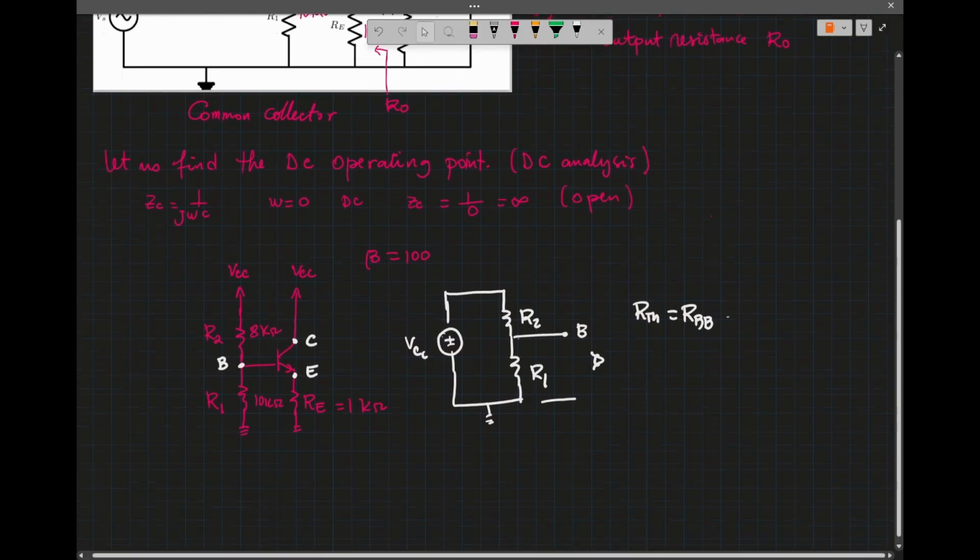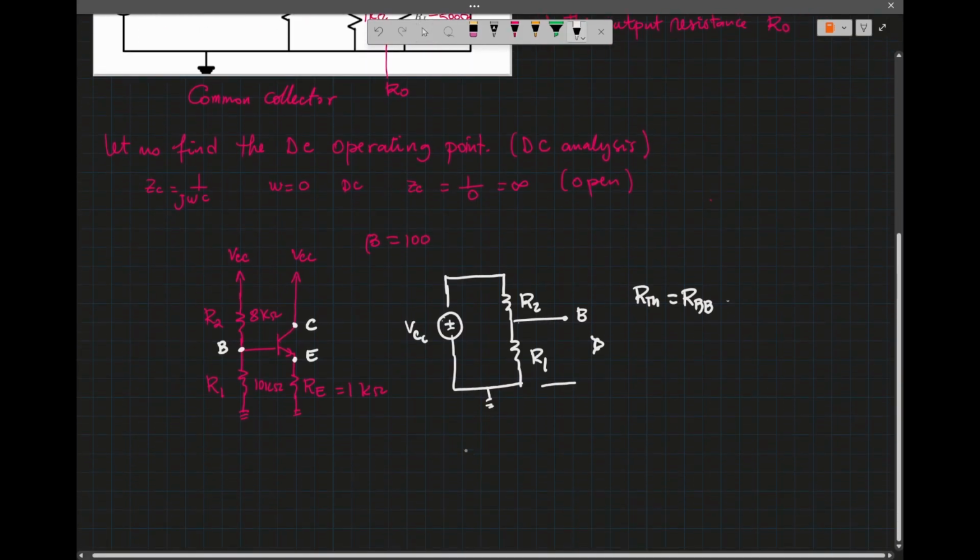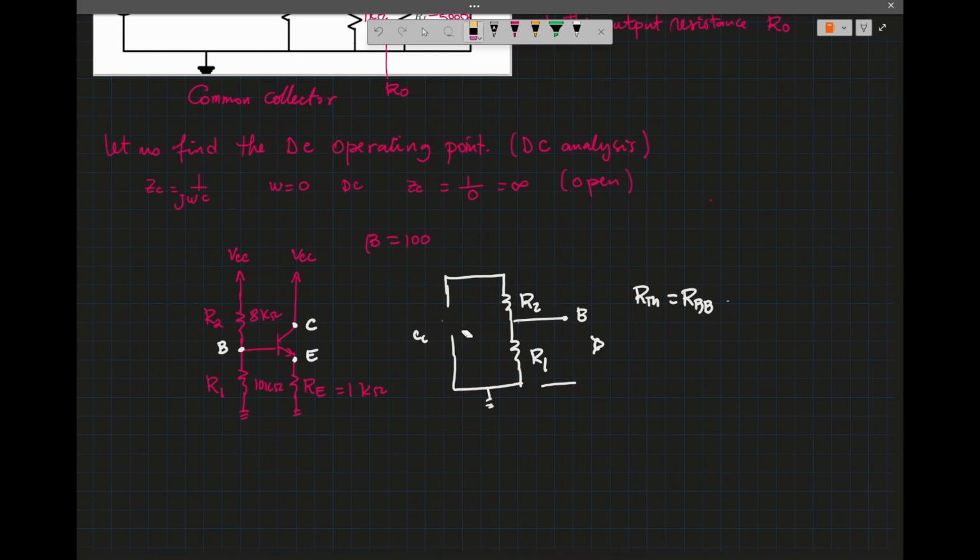To find the Thevenin equivalent, because we have a DC voltage source, we are going to replace the DC voltage source by a short. Then RBB will be equal to R1 parallel R2. So RBB is R1 times R2 divided by R1 plus R2.